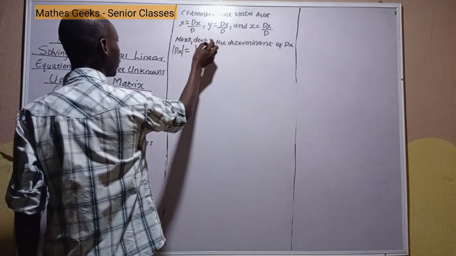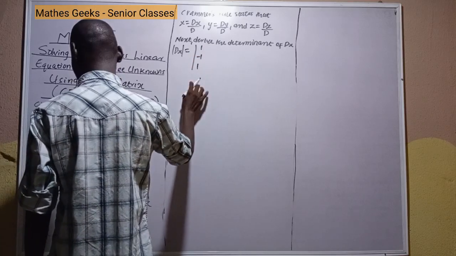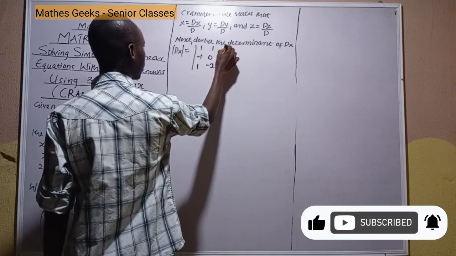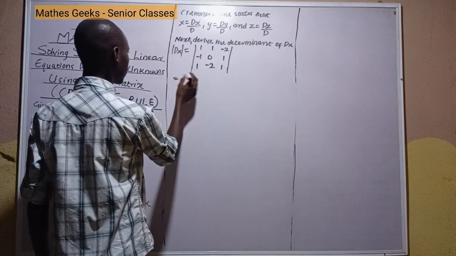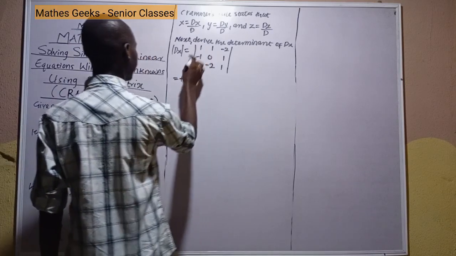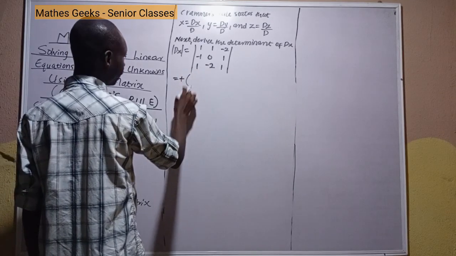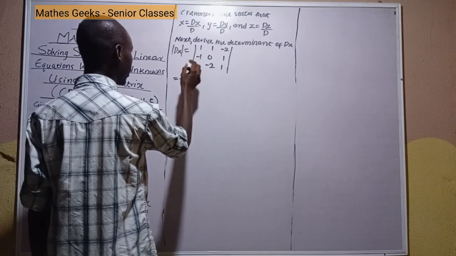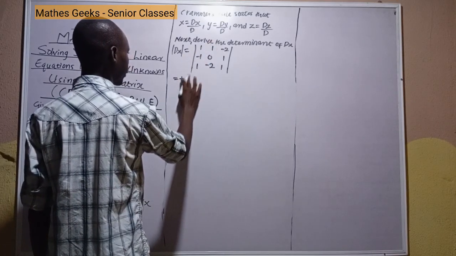So 1, 1, minus 1, 1, 1, 0, minus 2, minus 2, 1, 1. Since it's 1, you ignore it because anything multiplied by 1 is the same thing, but I decided to write the 1. So, okay.